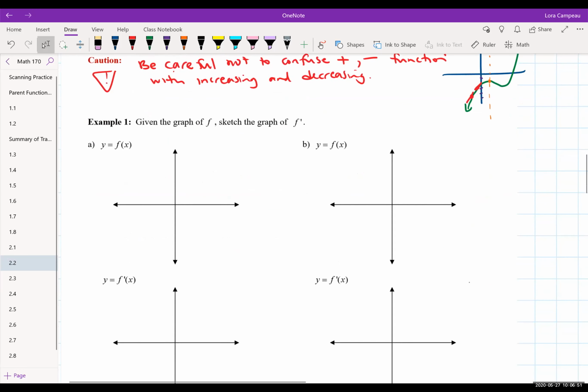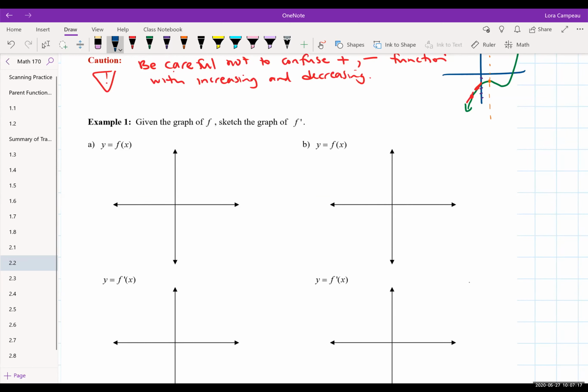I'm going to start off with the way I like to draw these, especially when it comes to WebAssign and judging. I like to always draw the original function on top and then the corresponding derivative right below, so I can compare particular x value points. So for part A, we're going to start off with a constant function.